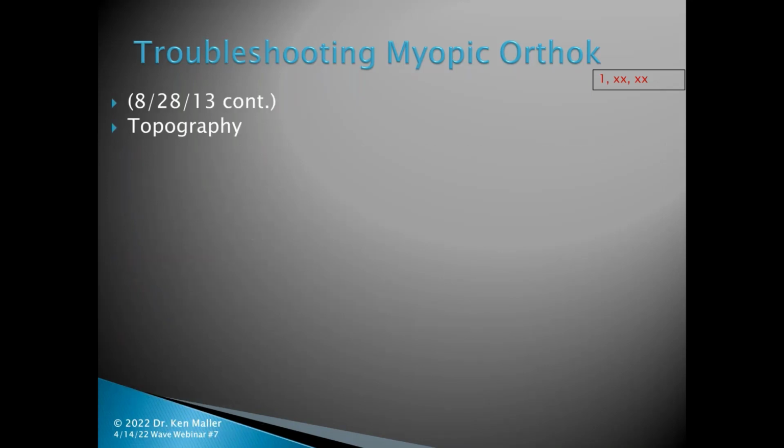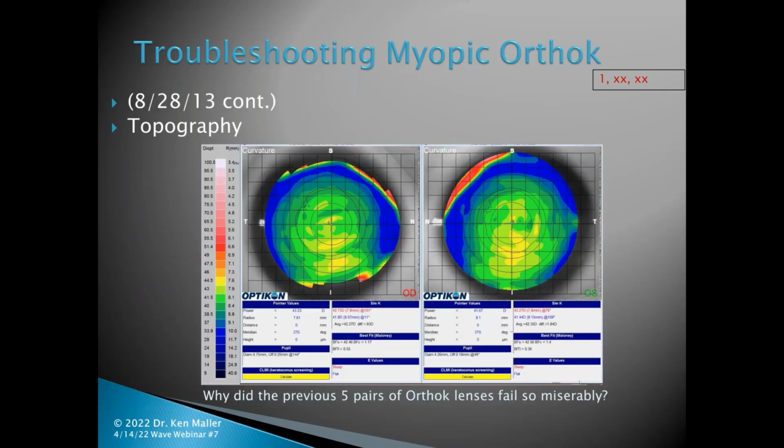And let's take a look and see what the topography looks like. So this was the topography that I did that day. And as I had talked about in an earlier webinar, one of the first things I will do is my on-screen pen test. So here's the vertical, and taking a look at the left and right sides of that line, how much does the left side of the cornea look like the right side of the cornea?